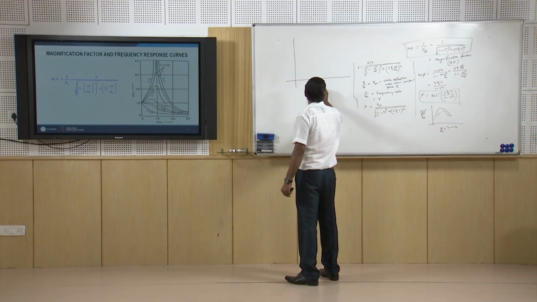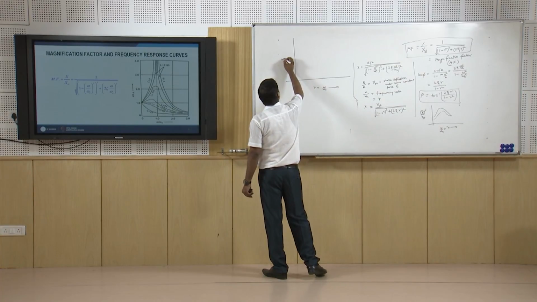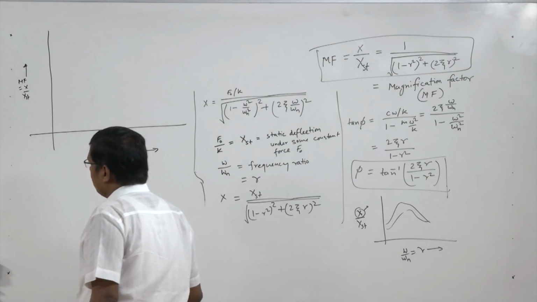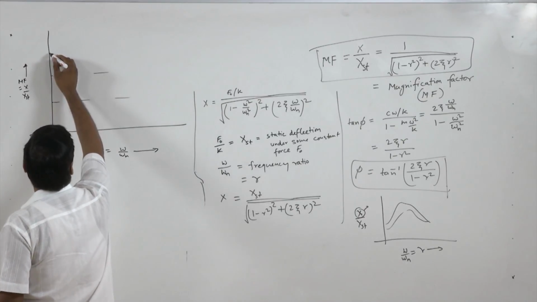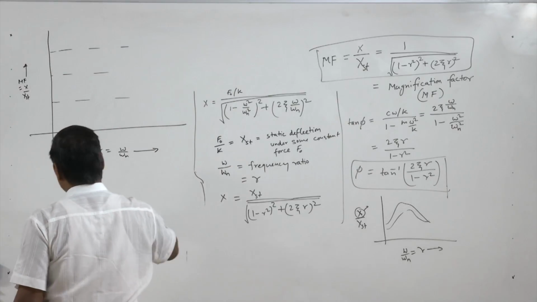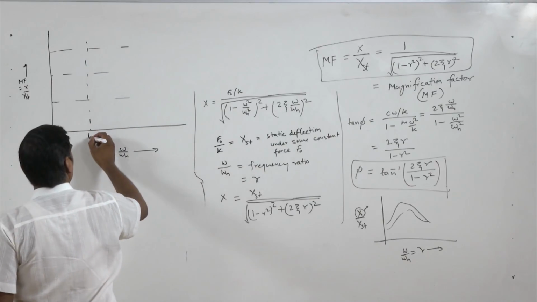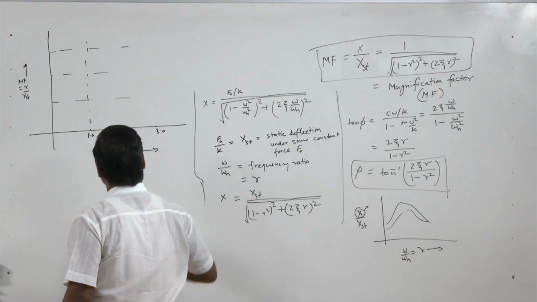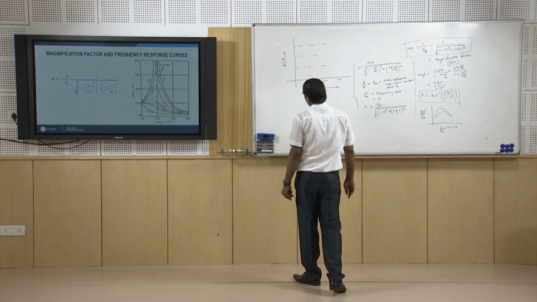So r equal to omega by omega n, and here it is MF or X by xst.